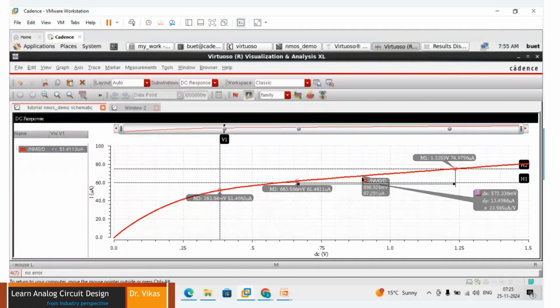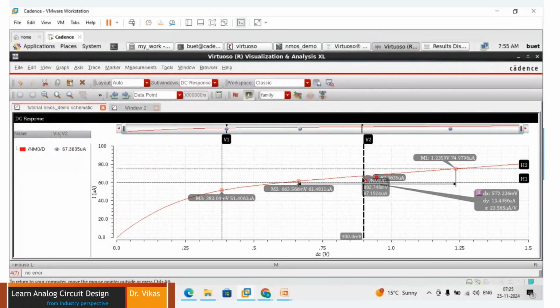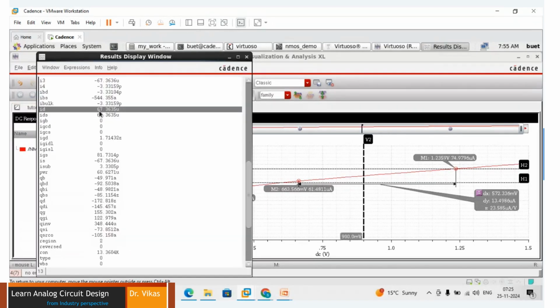Let's look into that. This is exactly at 900 millivolt. What was the VDS voltage you applied? We applied 900 millivolt. So at exactly 900 millivolt, what is the current? 67.36, and that's what has been displayed over here, because we applied VDS as 900 millivolt. IDS or ID are one and the same, not to get confused.